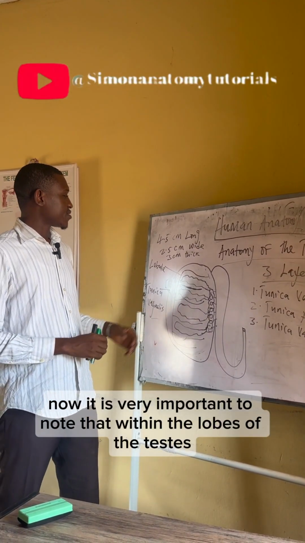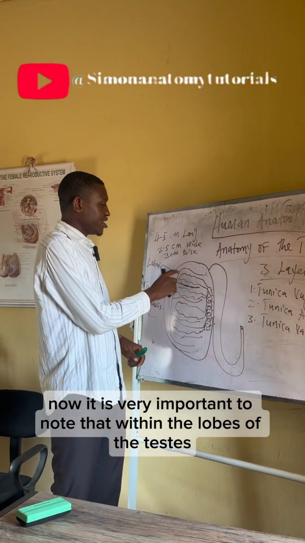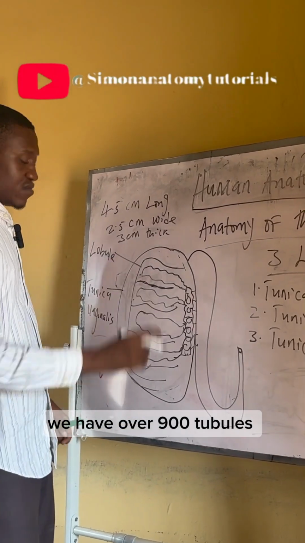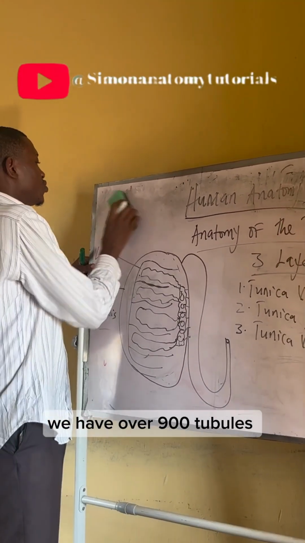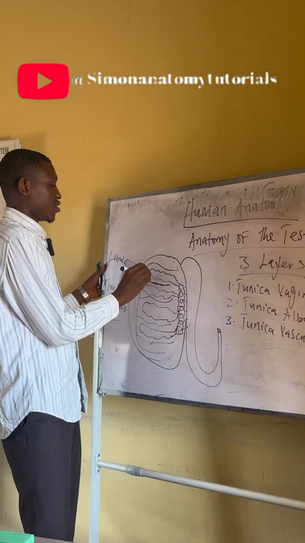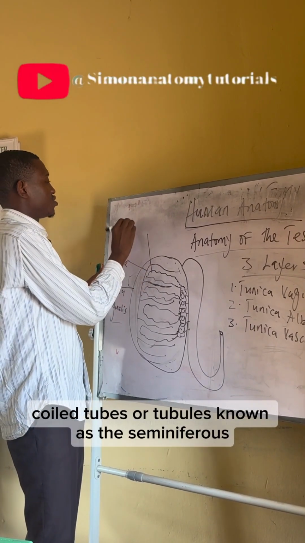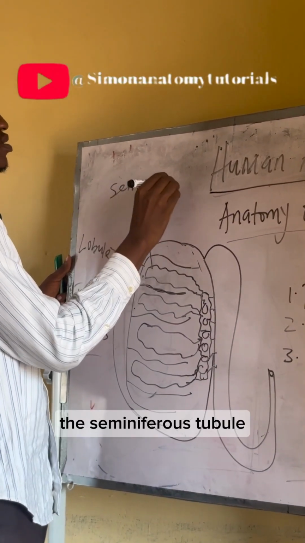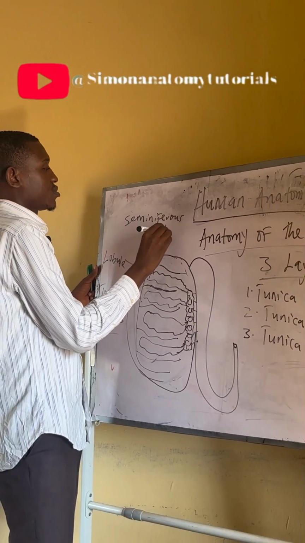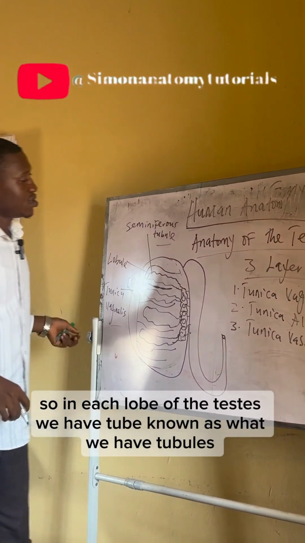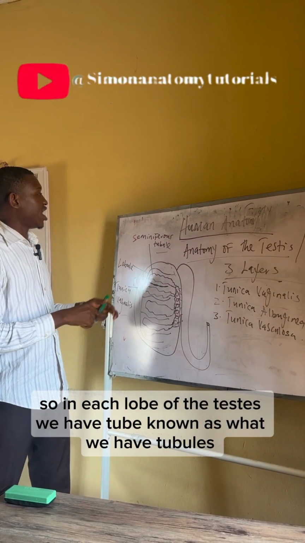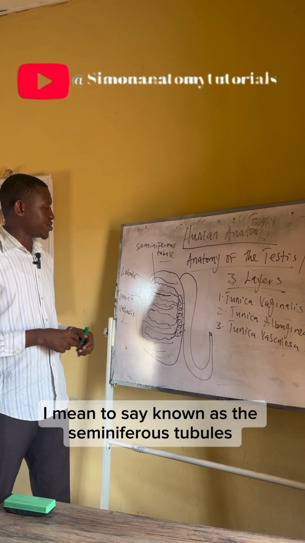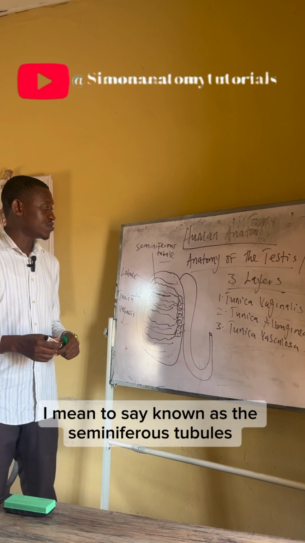Now, it is very important to note that within the lobes of the testis, we have over 900 coiled tubes or tubules, known as the seminiferous tubules. So in each lobe of the testis, we have a tubule known as the seminiferous tubule.